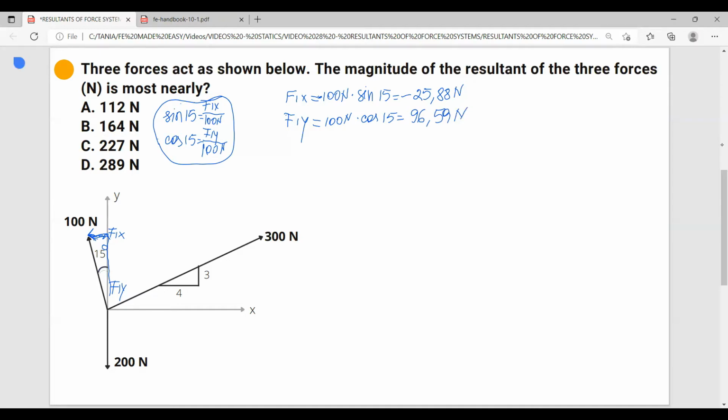Great. Now let's go to force number two. I will go ahead and write here F2x equals. Now force number two, I don't have an angle, but it's giving me this ratio here. Every time you're given a ratio like that, you have to calculate the unknown hypotenuse. In this case, you have the very well-known ratio. So if in a right triangle, one cathetus is 3 and the other one is 4, that means that my hypotenuse is 5.